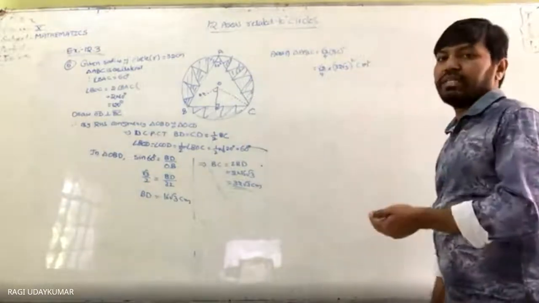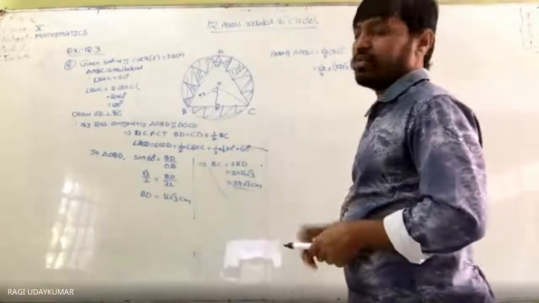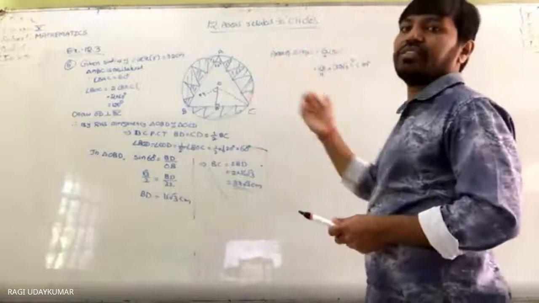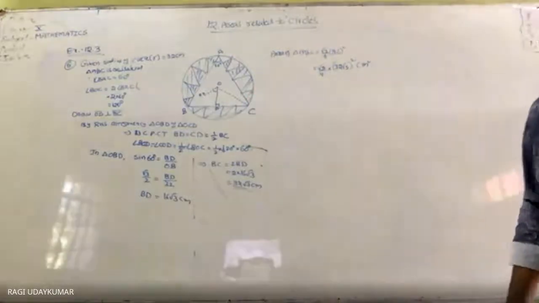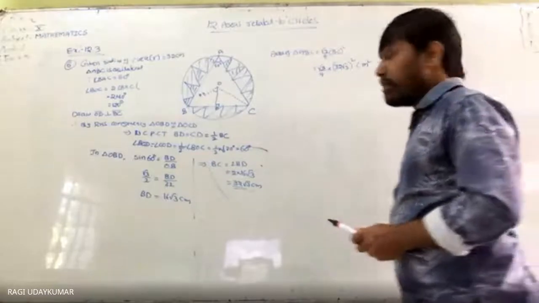And this should be subtracted from the area of the circle, whose radius is given to you. So area of the shaded region is equal to area of the circle minus area of the triangle. Can you find it?